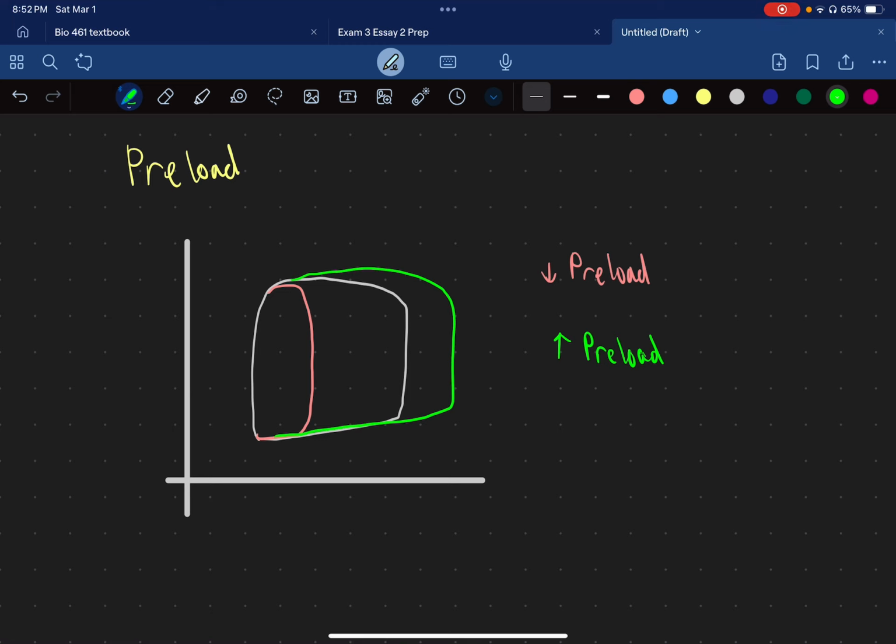Notice how this does not have an effect on the inotropy line, which means we don't have to recruit more calcium depending on how much blood enters the heart. No matter how much blood enters the heart, we're always able to pump it out with the same amount of calcium in the heart. And that's called the Frank-Starling mechanism. So you're able to pump everything out that comes in.